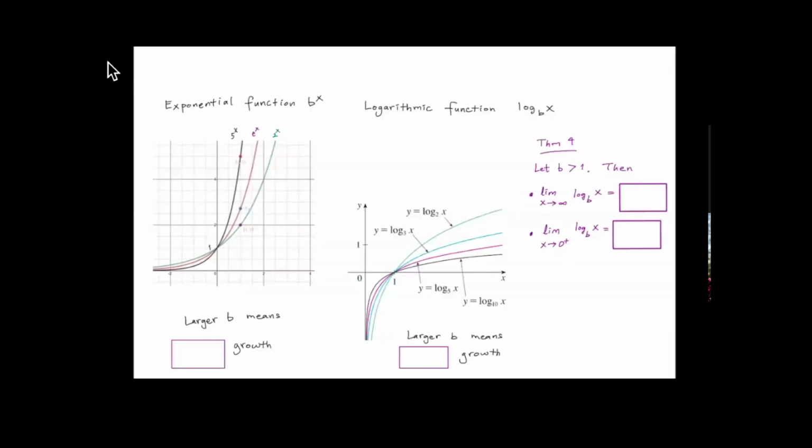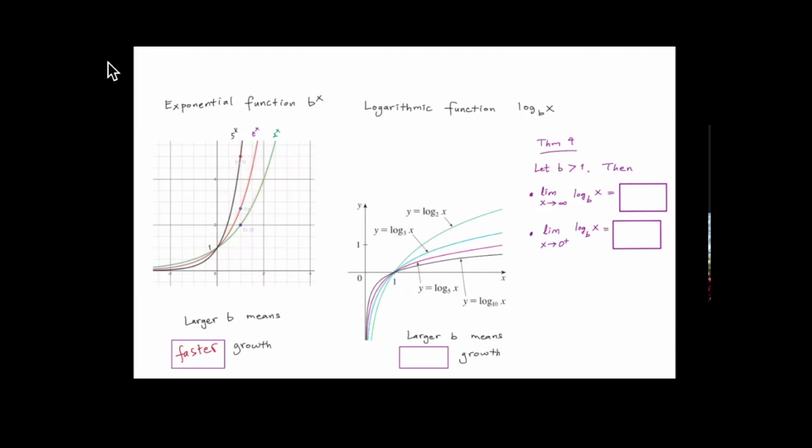The exponential function b to the x grows fast when b is bigger than 1. And the larger the base is, the faster it grows. For example, 5 to the x grows faster than e to the x and 2 to the x.